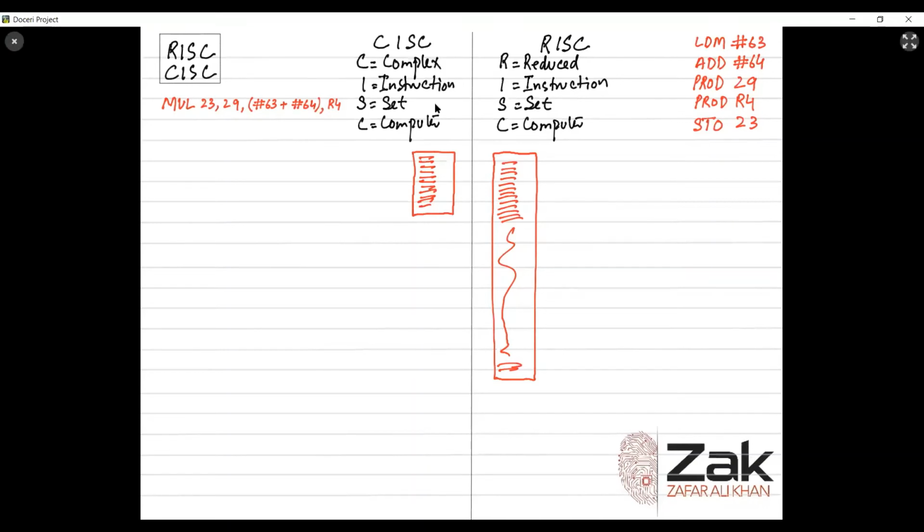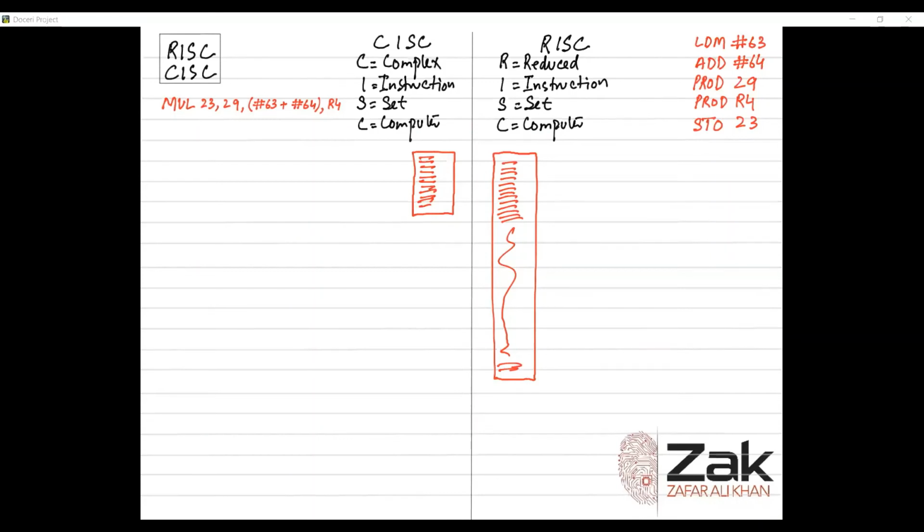Over here in RISC, all the processor has to do is follow one instruction at a time, and that's it, no more complexities. But in CISC, the processor first has to figure out how to break up this one instruction into a number of instructions, and then execute it.